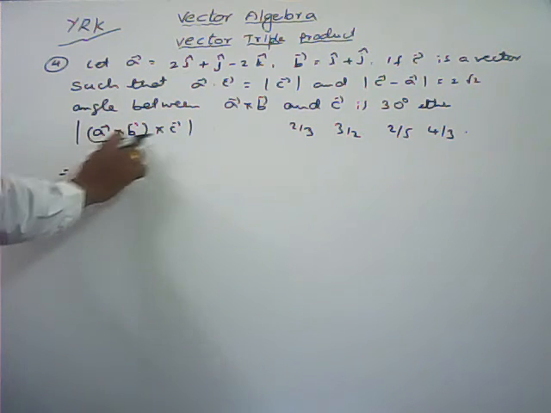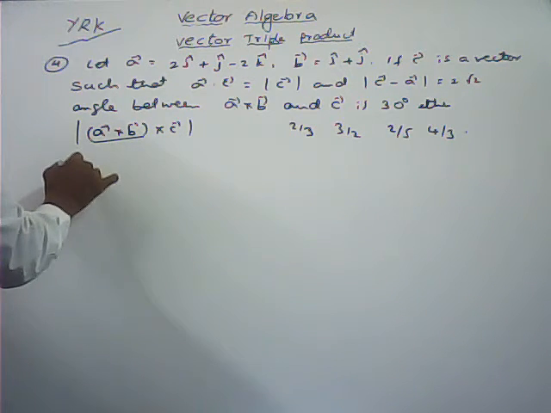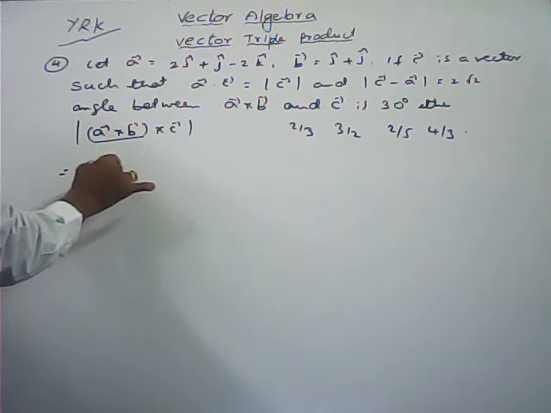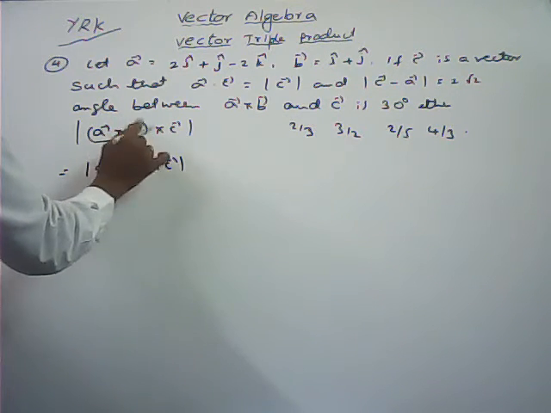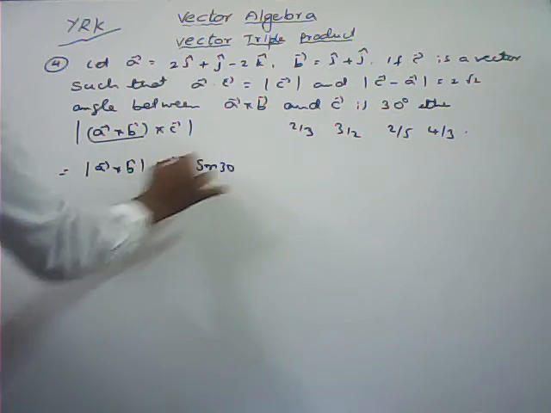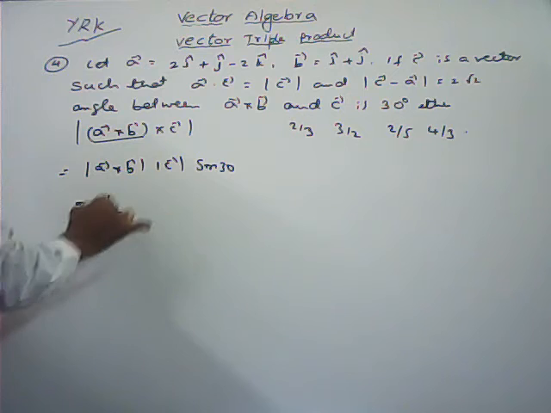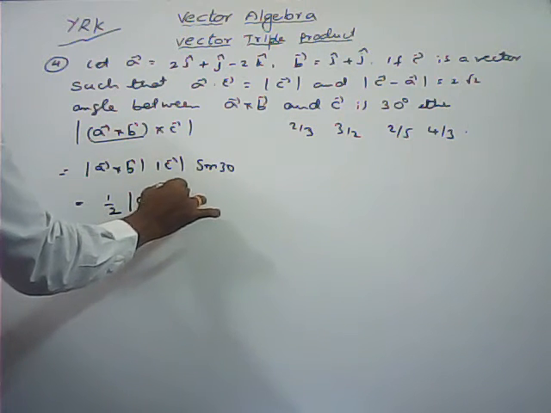This one you can consider A, this one consider B. Modulus of A bar cross B bar, modulus of C bar, and sine of the angle between these two, that is also given, sine 30 degrees, that is 1 by 2. 1 by 2 modulus of A bar cross B bar into modulus of C bar.